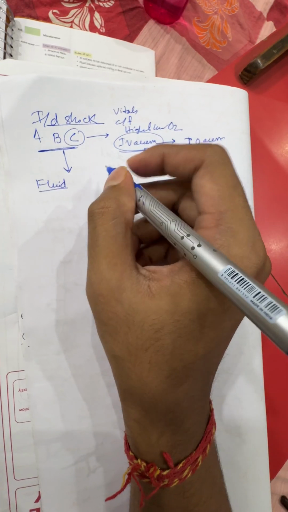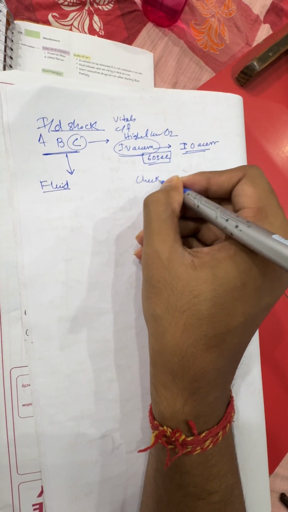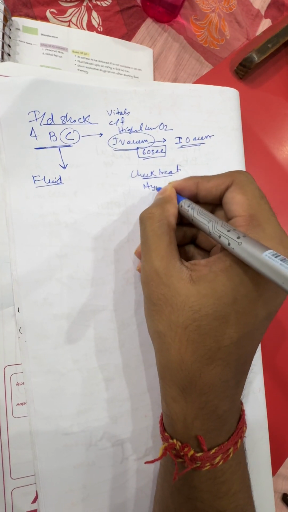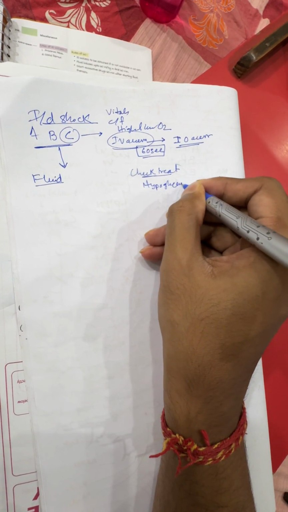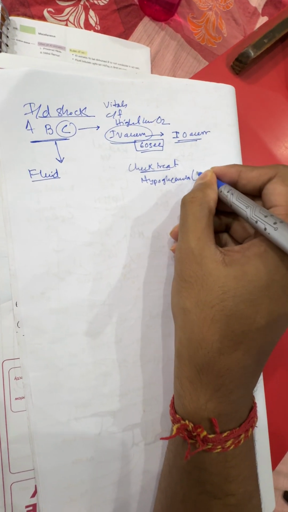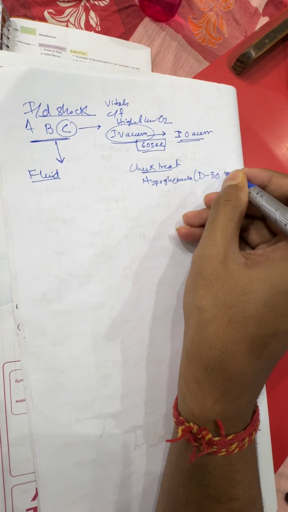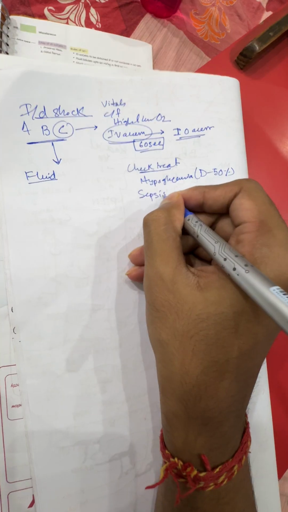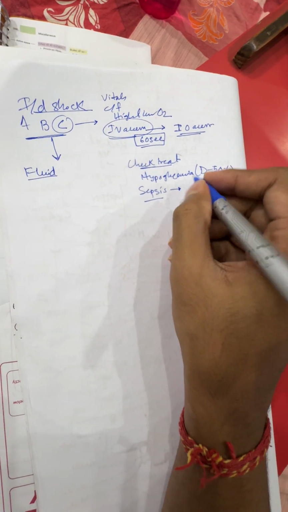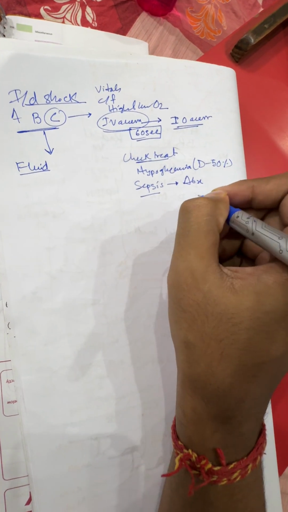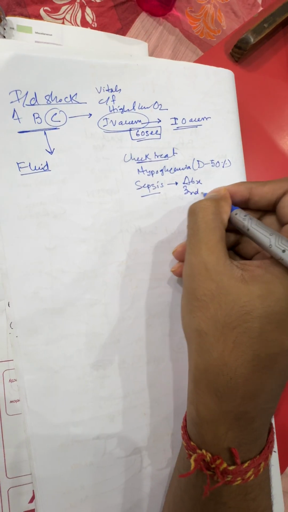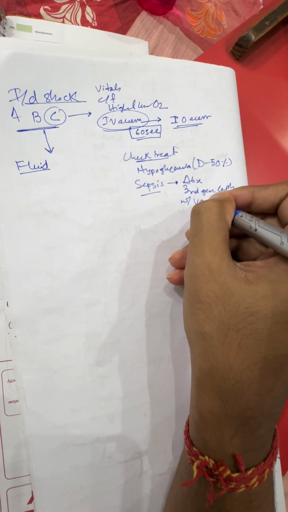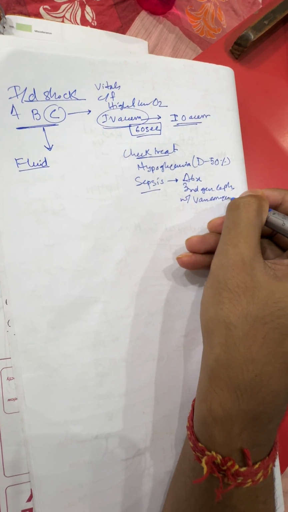Followed by that, first what we will do is go for fluid therapy, and at the same time we'll check and treat for two things: hypoglycemia, and if it is present, we'll give dextrose 50%. And if there is sepsis, we will give antibiotics. The choice of antibiotics is third generation cephalosporin with vancomycin.